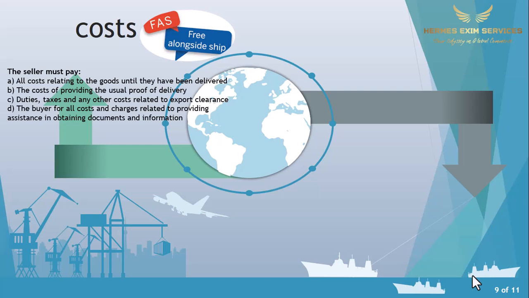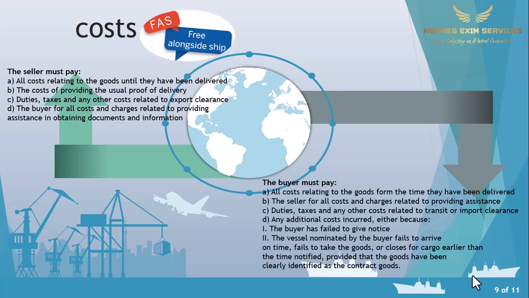The seller must also pay the buyer for all costs and charges related to providing assistance in obtaining documents and information. The buyer must pay all costs relating to the goods from the time they have been delivered, other than those payable by the seller.